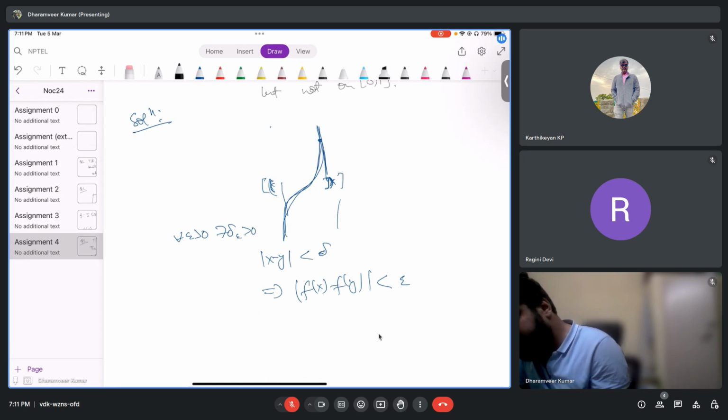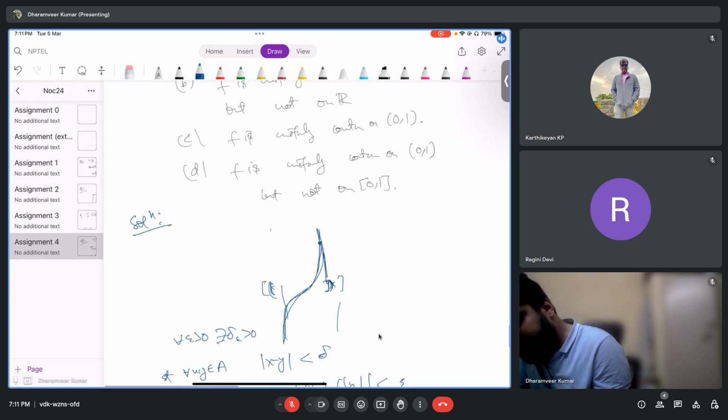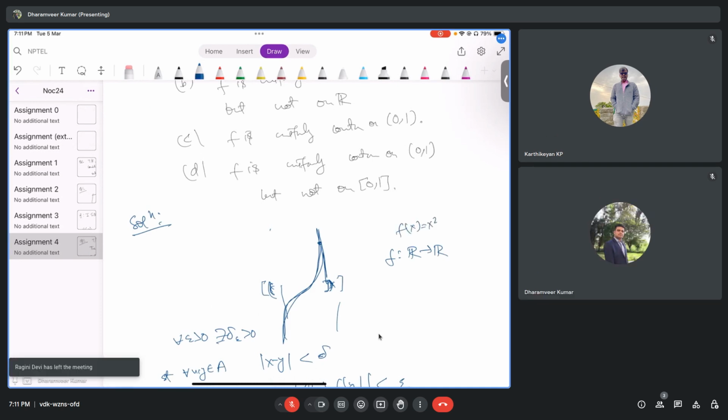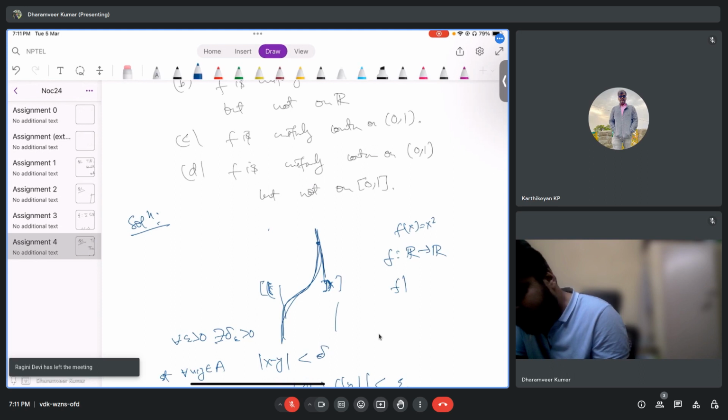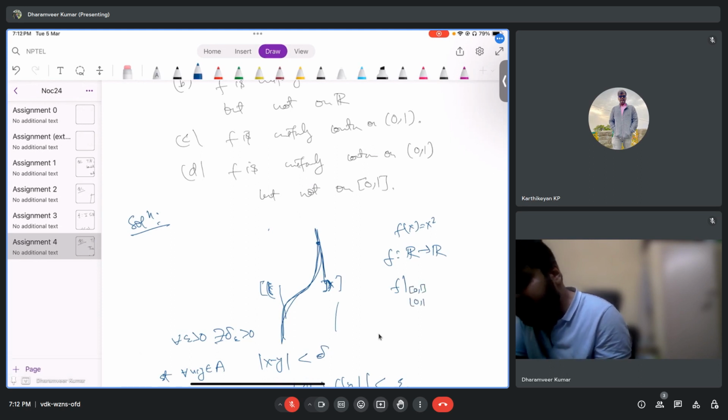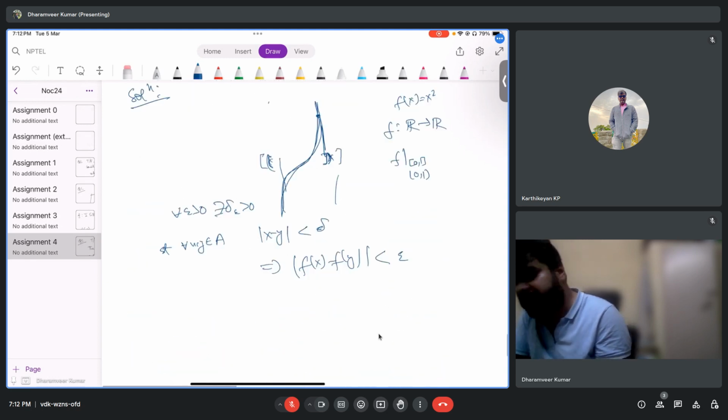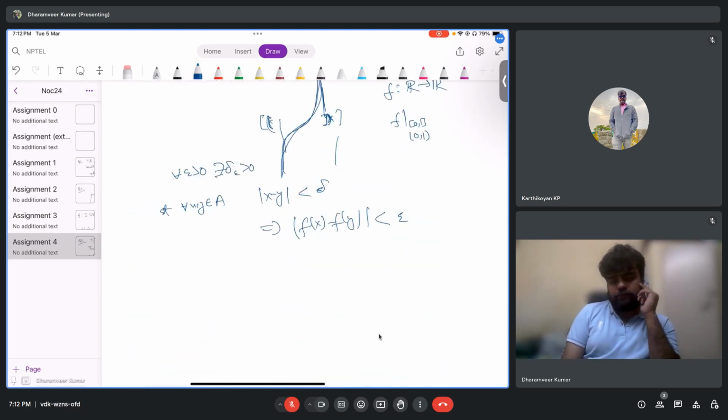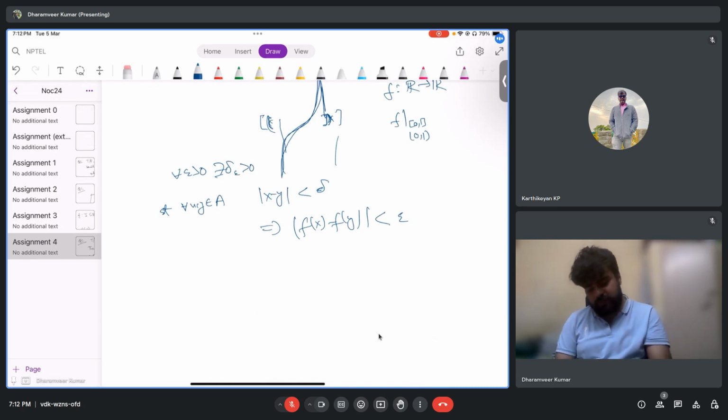For every epsilon there exists a delta, so that for all x, y in whatever set. So what we are saying is you can define a function from R to R, f(x) is x squared. Now if you restrict this to [0, 1], then it is uniformly continuous. That's what it's saying. But outside that, it is not uniformly continuous.